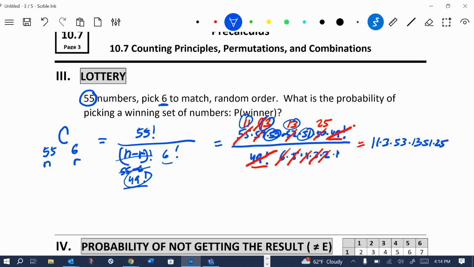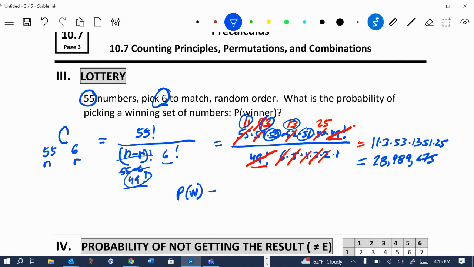So if you multiply all of those out, you get a really big, huge number. And what it is, 28,989,675.